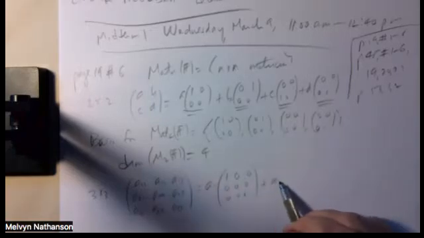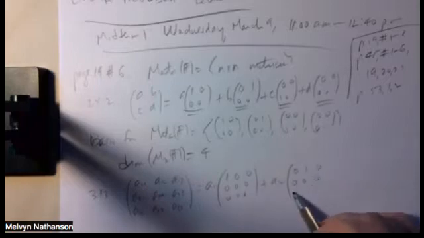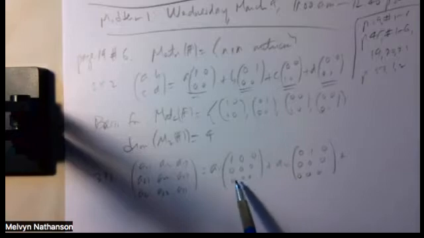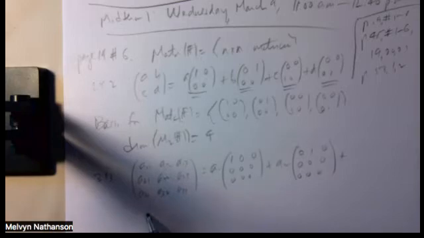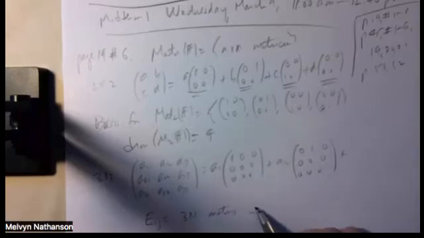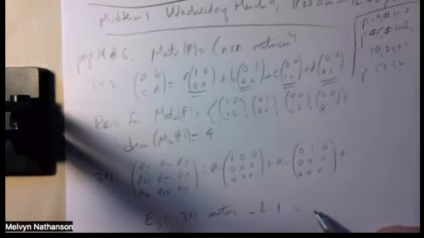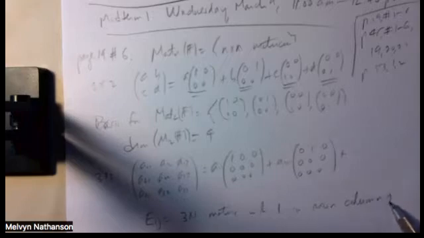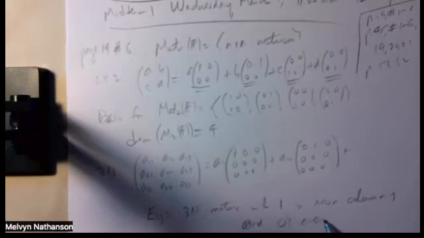And then A12 times the matrix which looks like this, and so forth. And you'll get every 3 by 3 matrix as a linear combination of 9 matrices, where we could say the matrix EIJ is the 3 by 3 matrix with a 1 in row I, column J, and zeros everywhere else.